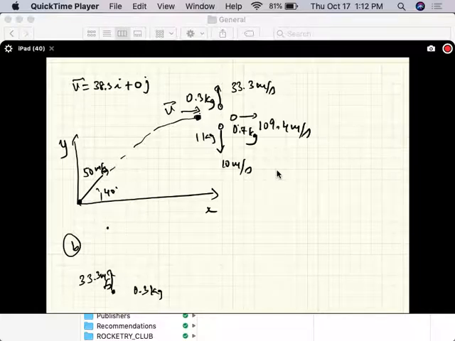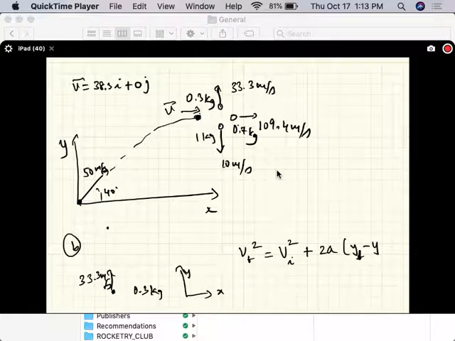There's one of several ways you can solve this. We'll use this equation: V final squared is equal to V initial squared plus 2a times (y final minus y initial).